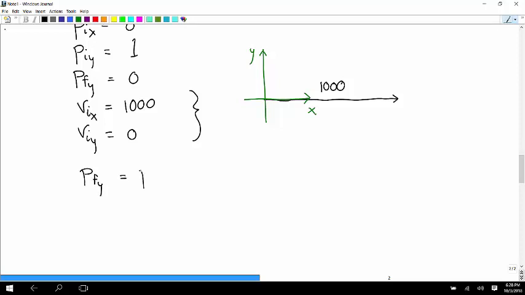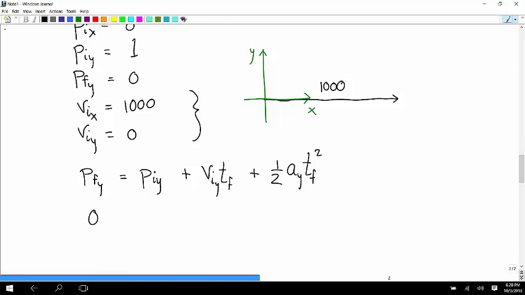PFY is equal to PIY plus VIY TF plus 1/2 AY TF squared. And we'll see when I fill this in, it's just the exact same equation we got before. What's happening in the x direction just doesn't, mathematically, come into it at all.